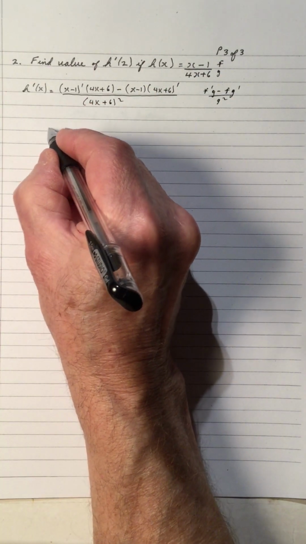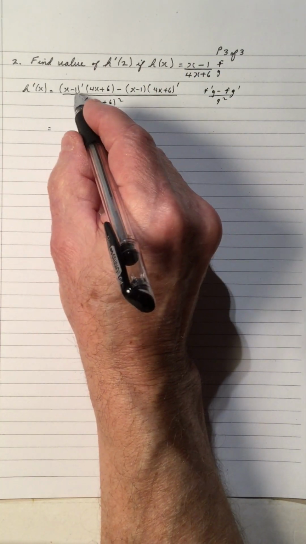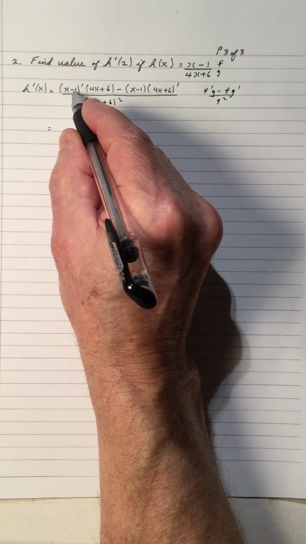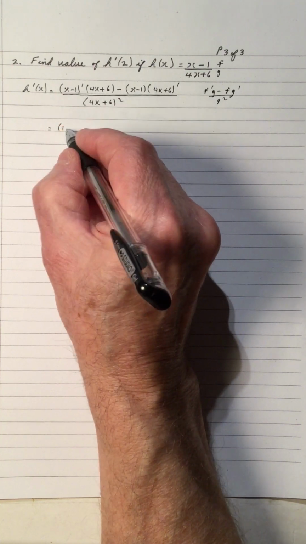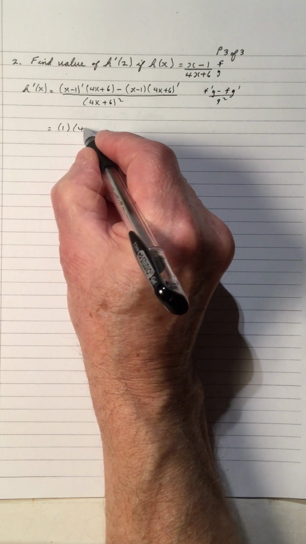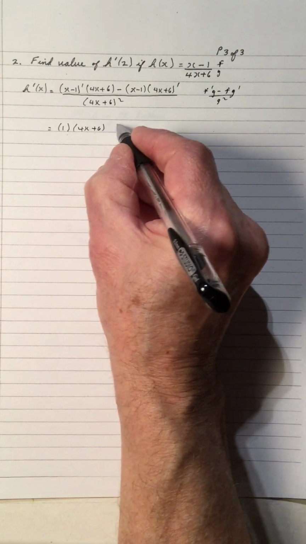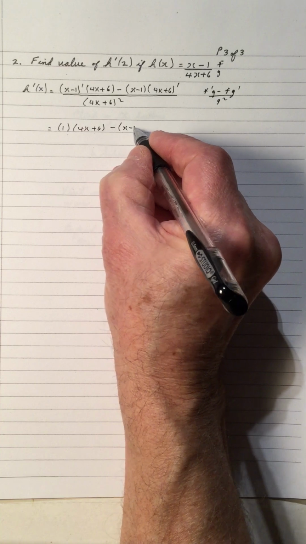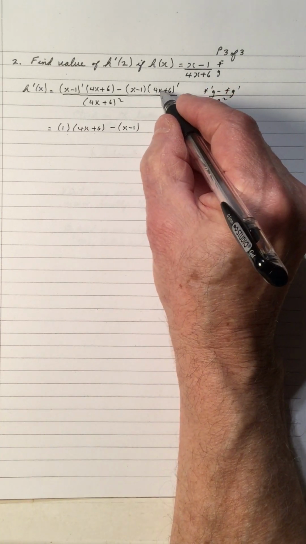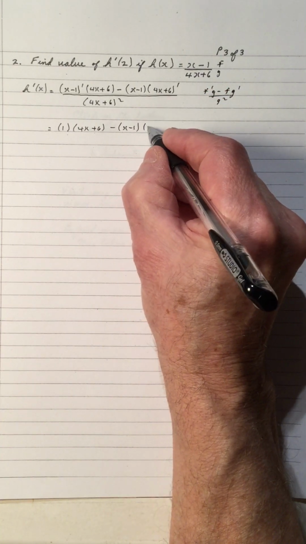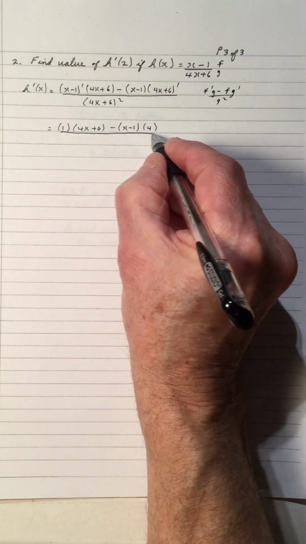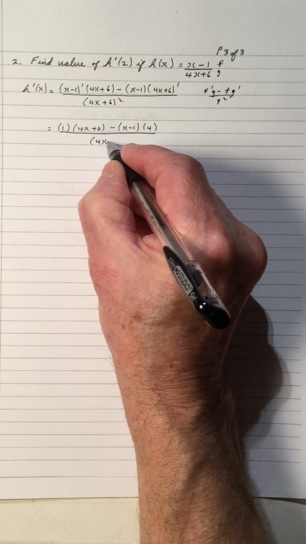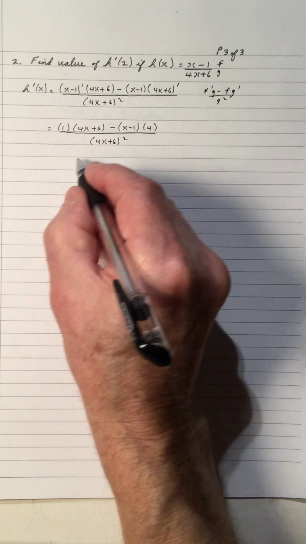And we simplify this, so this gives us the derivative of x minus 1. The derivative of x is 1, the derivative of negative 1 is 0, so that derivative is done. Then x minus 1 times the derivative of 4x plus 6: the derivative of 4x is 4, the derivative of 6 is 0, all over 4x plus 6 squared.